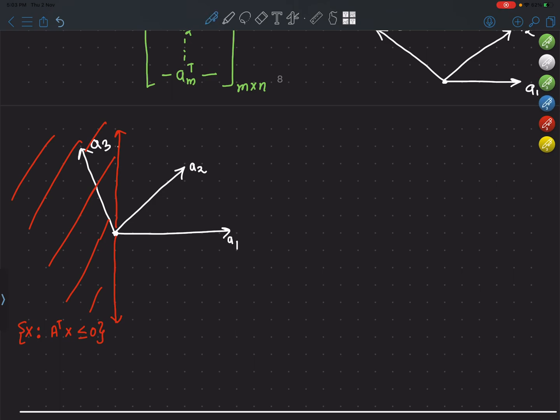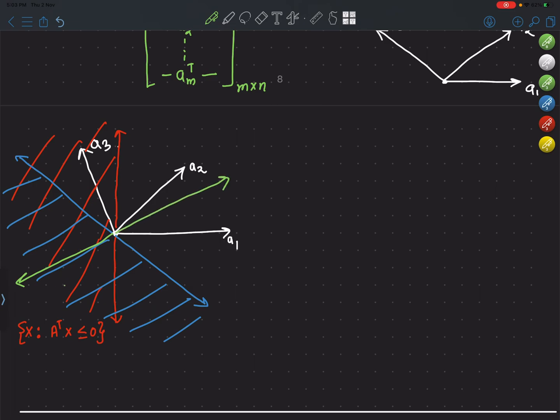With a2 it will be everything between these lines, and with a3 it will be all the x's here. So what we are talking about is the intersection of these regions. The intersection is here.